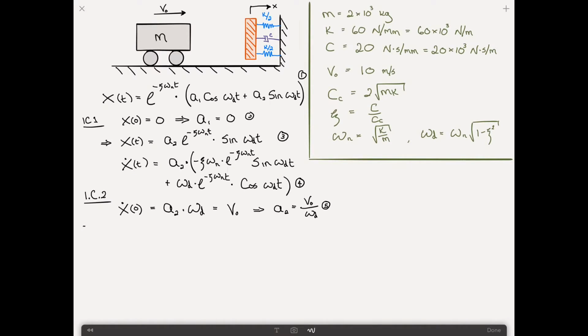All right, so now if we substitute equation 5 into equation 3, we get that x of t is equal to v0 over omega sub d times e to the minus zeta omega n t times sine of omega d t.